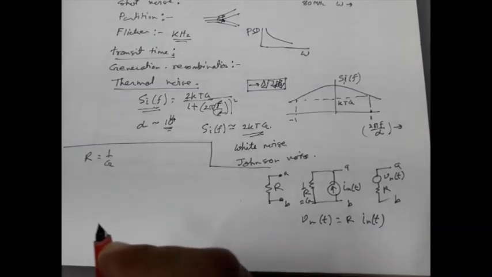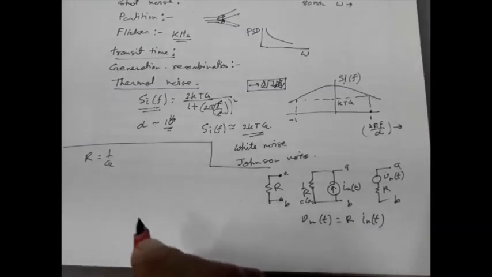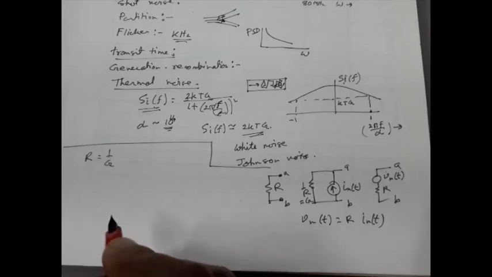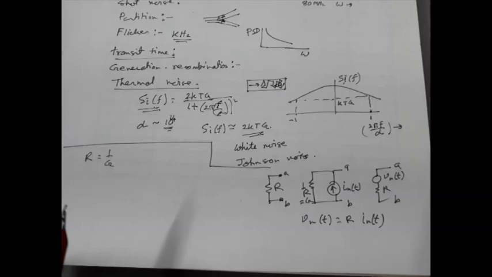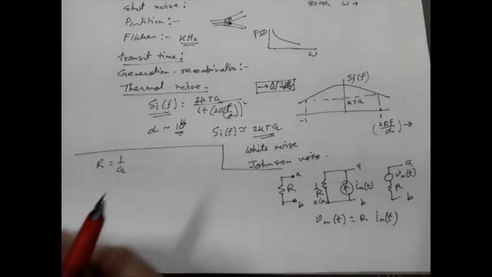Now the power spectral density is a function of the square of the signal. The power spectral density S_V(f) of the noise voltage can be expressed in terms of the power spectral density S_I(f) of the noise current.